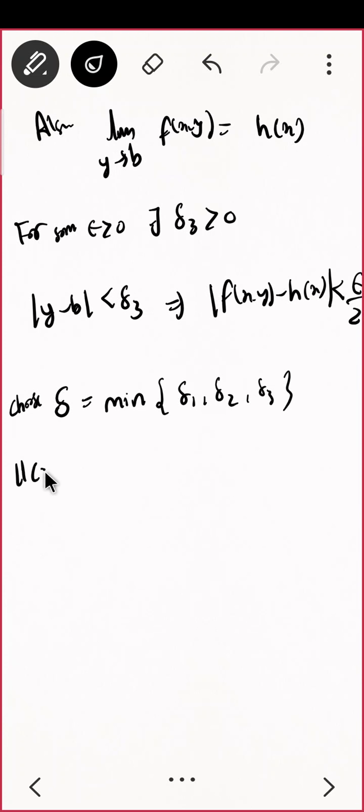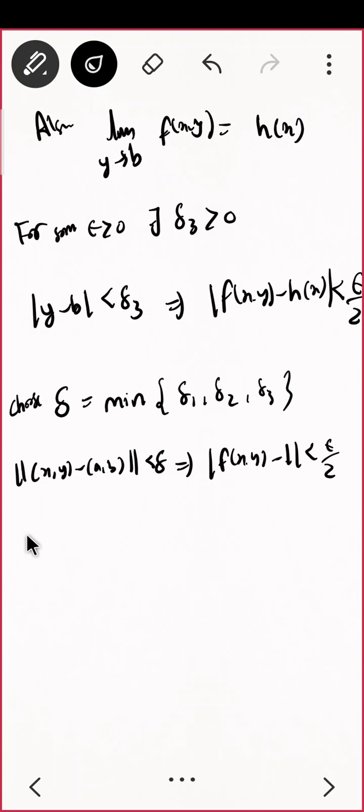Norm of (x, y) minus (a, b) less than delta, for delta 1, implies mod of f of x, y minus L is less than epsilon by 2. What was the second one? Mod of x minus a less than delta implies mod of f of x, y minus g of y is less than epsilon by 2.